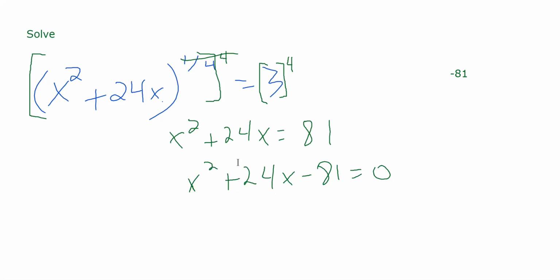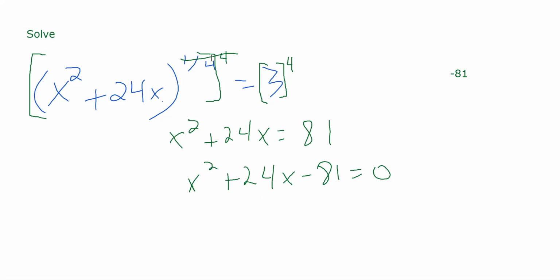Can anyone think of two such numbers? Well, 81's not a fun thing to deal with. What do we got? 27 and 3, very good. But with a caveat, you're right. One of them's got to be positive, one of them's got to be negative, so that they multiply to negative 81. So which one should be positive? Well, it looks like the 27 should be positive, and then the 3 should be negative.